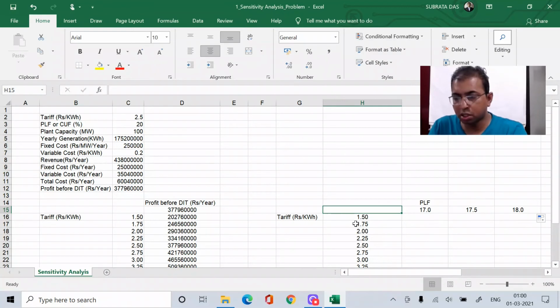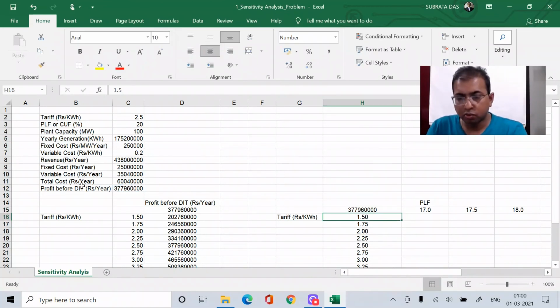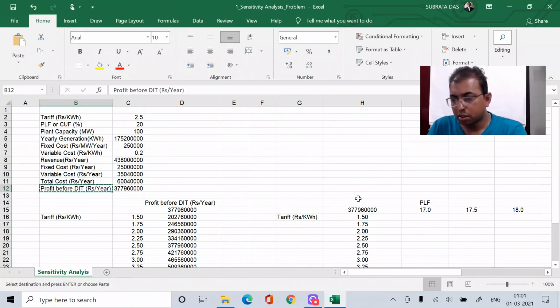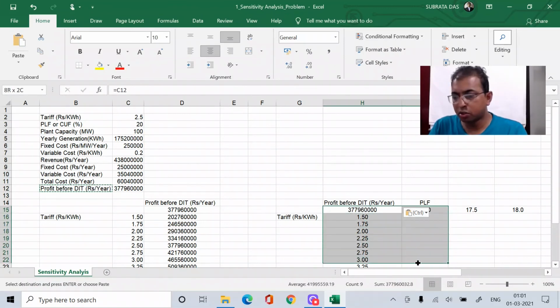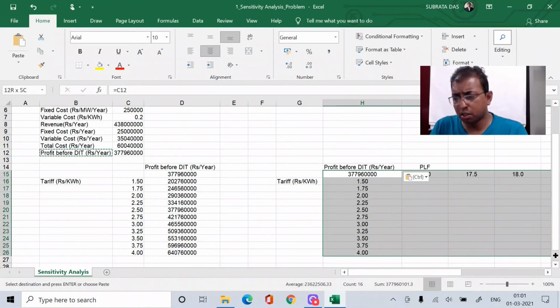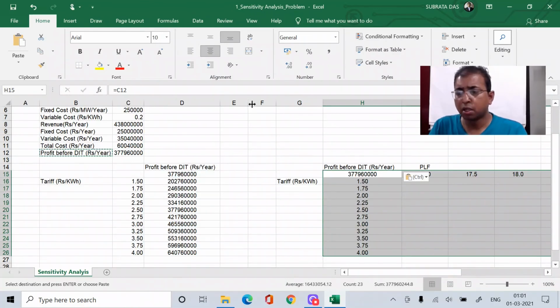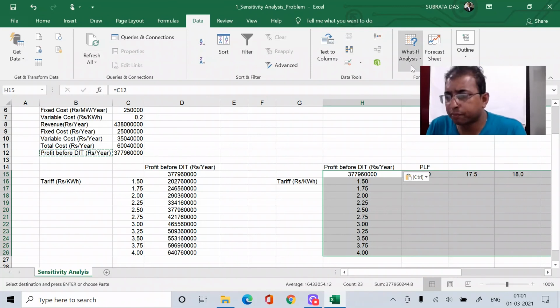In this corner I need to keep it connected to PBT. So I will disconnect this PBT and write it here to remember. I will select this range of the table, and again in a similar way I will go to Data, What-If Analysis, Data Table.